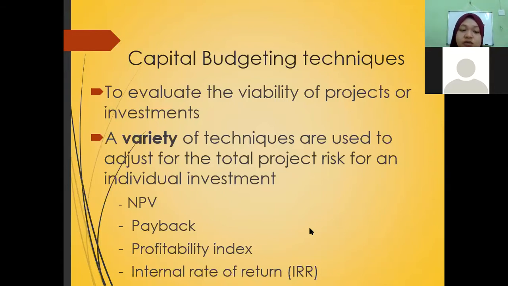Managers will be able to identify how long it takes for the investment to break even. Right. Next is profitability index. The index tells us whether the investment is profitable or makes losses. And the last one is the internal rate of return.